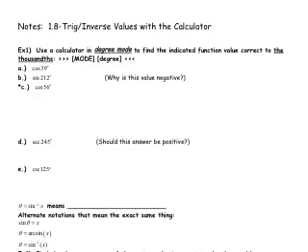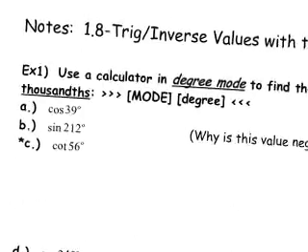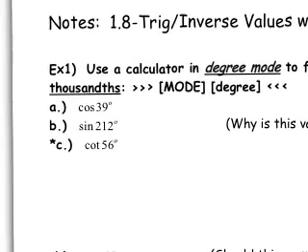We are going to round to the thousandths, so that 1 tells the 7 to stay the same. So this is 0.777.